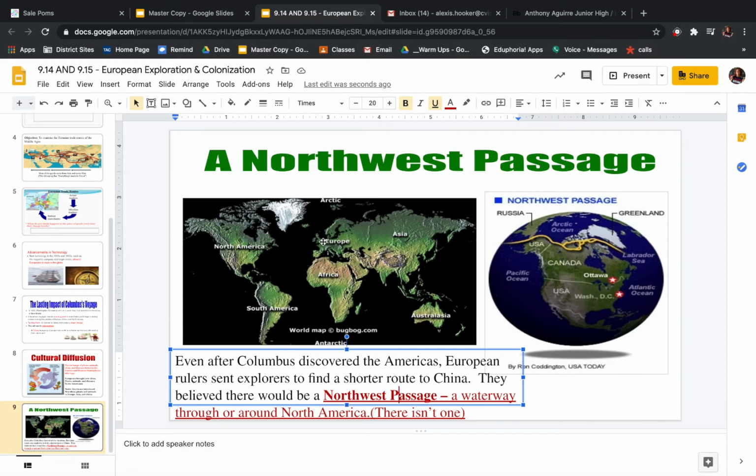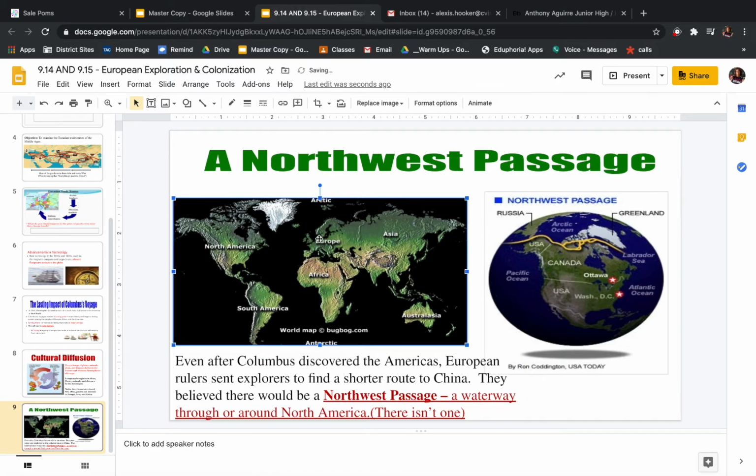If you go to the left, there should be a way that you get to Asia. They were wrong. They would have to go north and then east to get to Asia, because Asia's over here. But they thought if we can go north and go west, we should reach China. It didn't work.